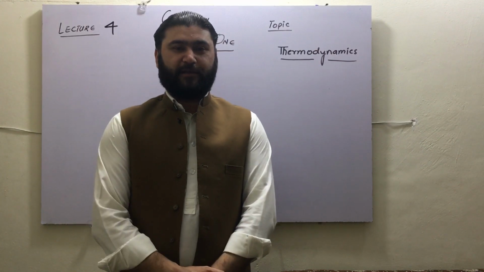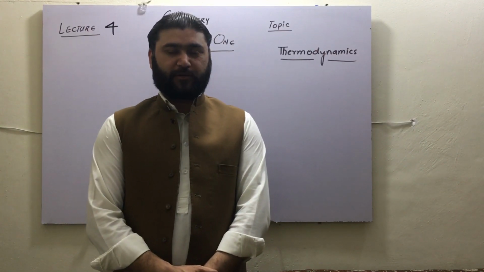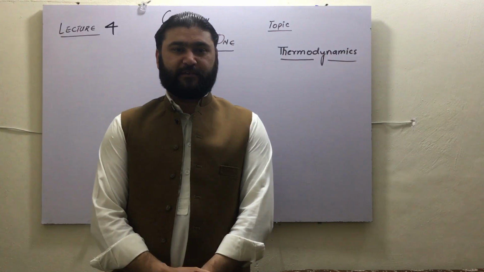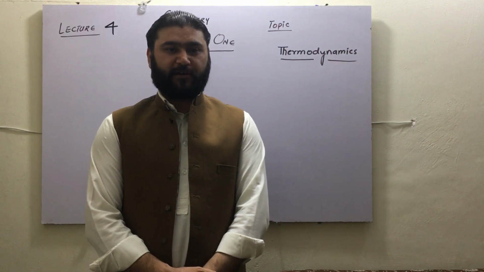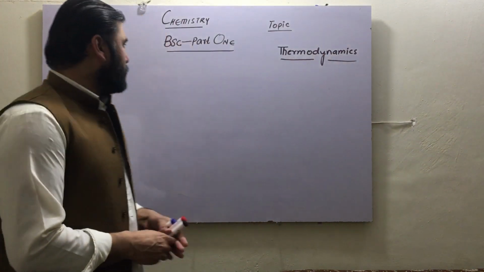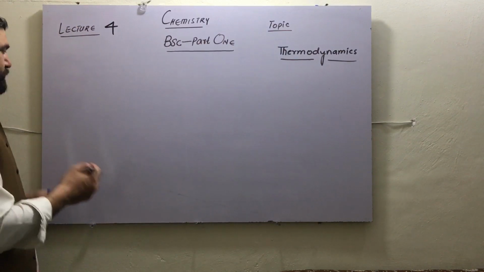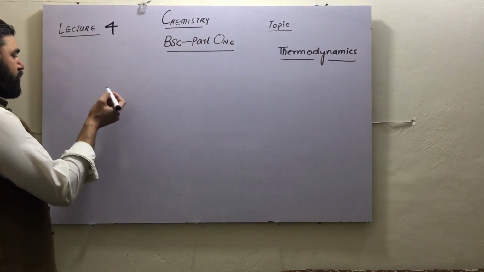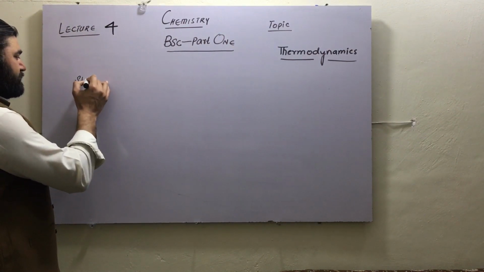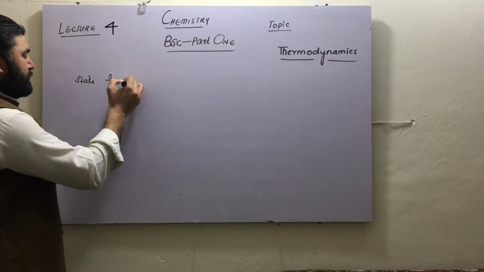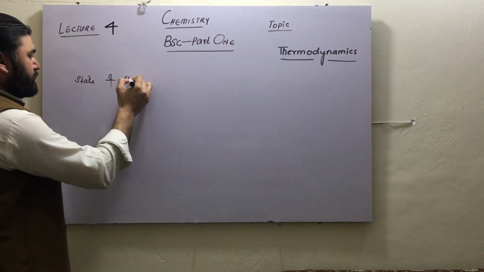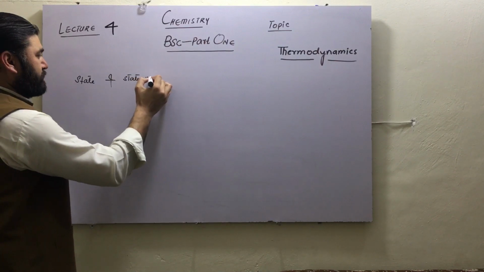I am Nauman Ahmad and today I am going to start one of the most important topics of thermodynamics, that is state variable, path function and state function. So today in lecture number 4 we are going to start some of the most important topics: what is state and state variable.